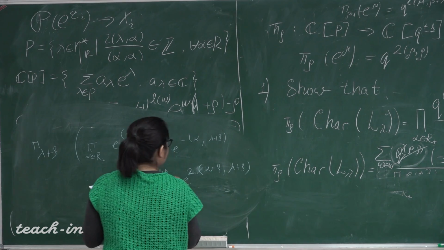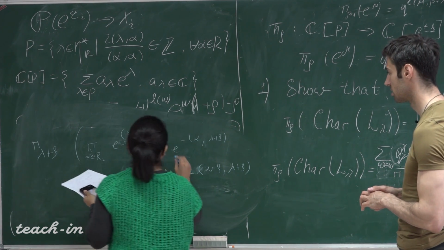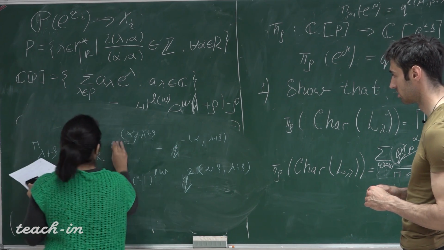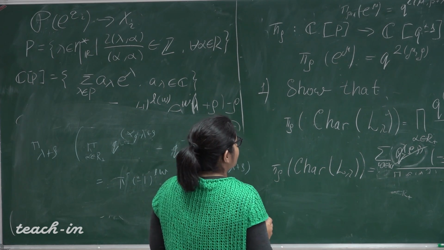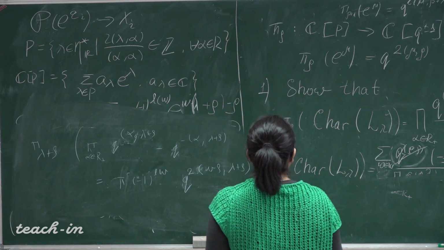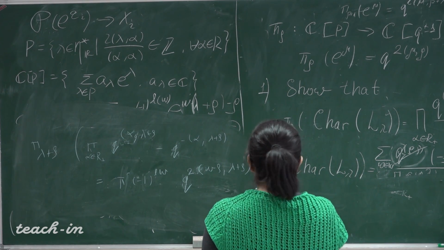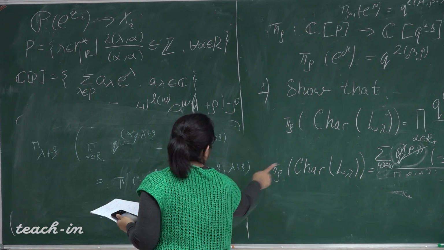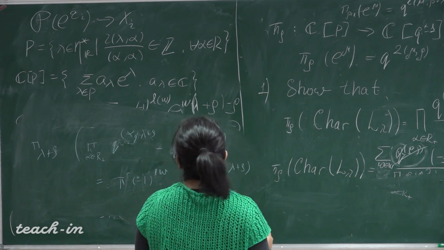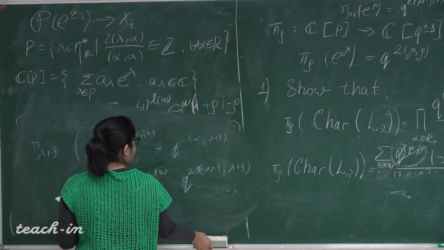Yes, this is q. This is exactly what you would like to see, that this equals this. Because again we have a 2 term here, we can just write this. All right, you're done. Now the second part.